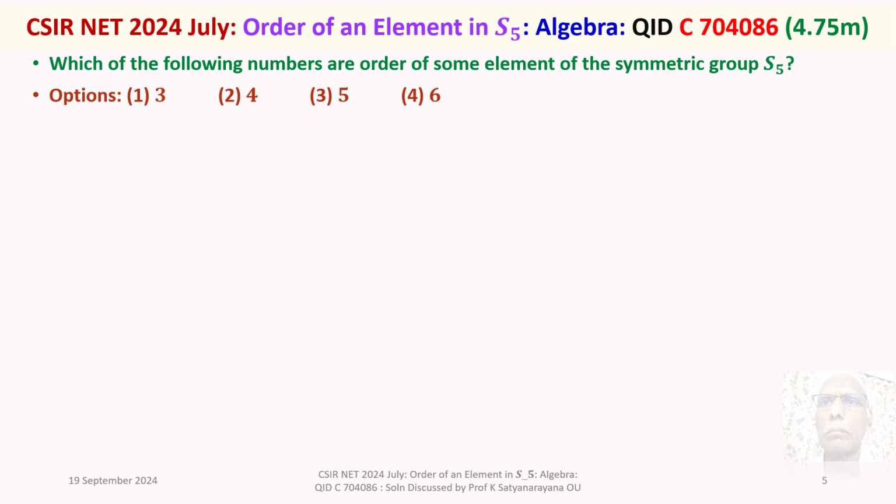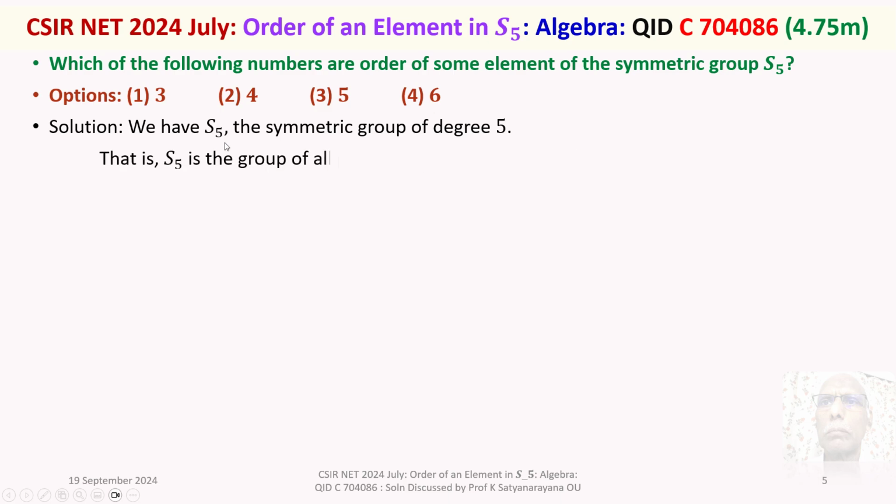We will now discuss the solution of the problem in detail. We have S5, that is the symmetric group of degree 5. What is it? S5 is the group of all permutations of the finite set A, consisting of the elements 1, 2, 3, 4, 5.